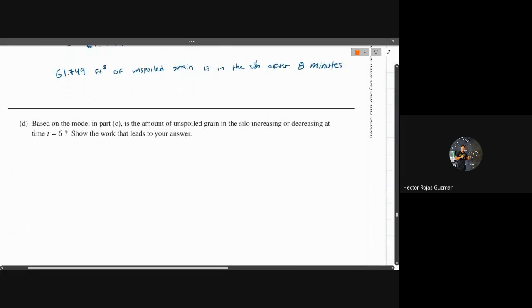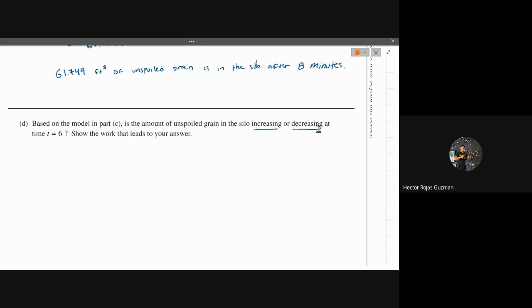Based on the model in part C, is the amount of unspoiled grain increasing or decreasing? Well, in other words, this is basically saying, is the rate at which you're adding grain greater than the rate of the grain spoiling?